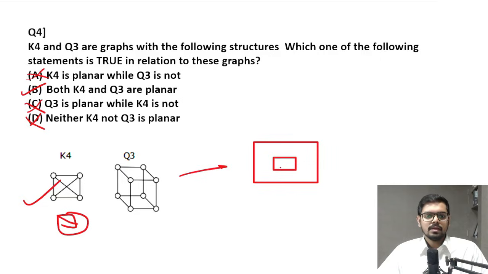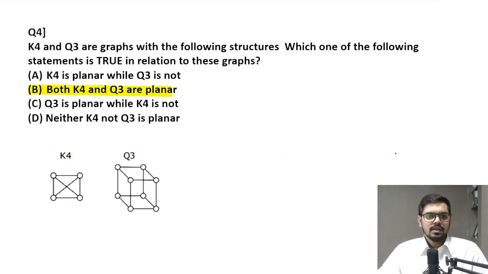This is how it looks. And since the edges are connected like this to the backside, all the edges are drawn without overlapping. Therefore, it is a planar graph. Option B is correct. So if you know the notes, good. If you do not know the notes, you can make the graph and prove it.